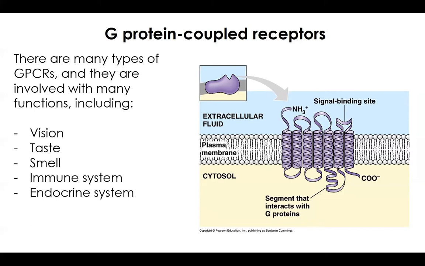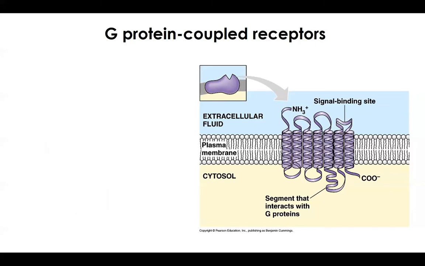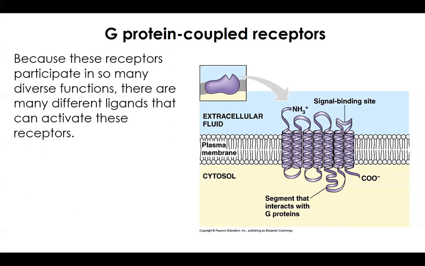This is actually the type of receptor that we're going to see for adrenaline or epinephrine. Neurotransmission, so they're involved with that as well. Really anything that you can think of, probably a G protein coupled receptor may be involved somewhere. As you might imagine, because there are so many different types of receptors and different functions, there are a lot of different ligands that can activate these receptors.